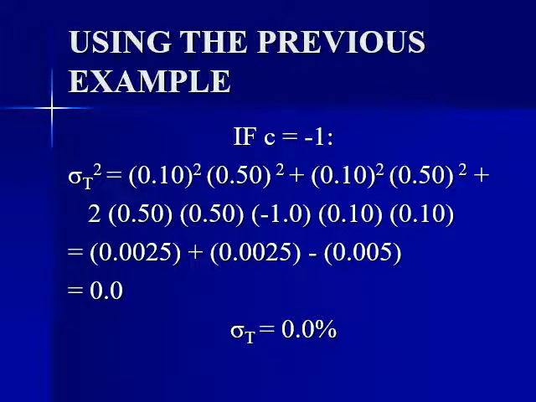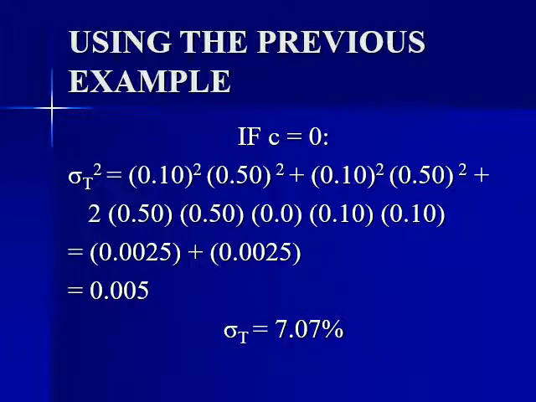So in other words, if we had that same example we had a while ago, instead of the correlation coefficient being a positive 0.5, if we had a perfectly negatively correlated coefficient, in other words, -1, what you would find is there would be zero variance. In other words, you would have taken out all of the risk. So if you have a perfectly negative correlated coefficient, then you take away all the risk.